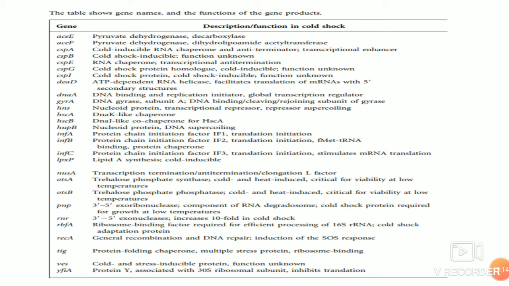This trigger factor level suddenly increases in cells which are kept under cold conditions. It is thought to help protein synthesis and help the folding to continue in the cold, and also to maintain pre-existing protein in functional form by promoting refolding of cold damaged protein. So it is involved in protein folding at low temperature.